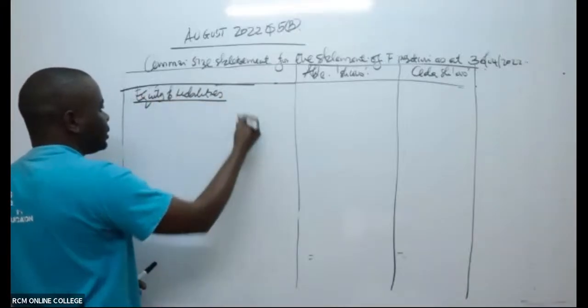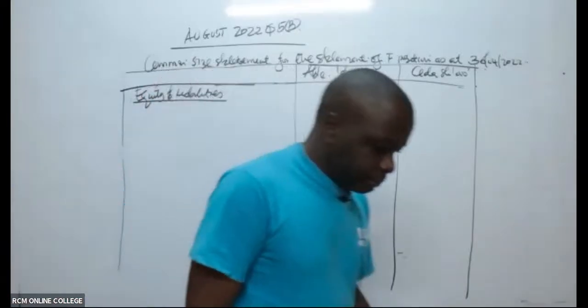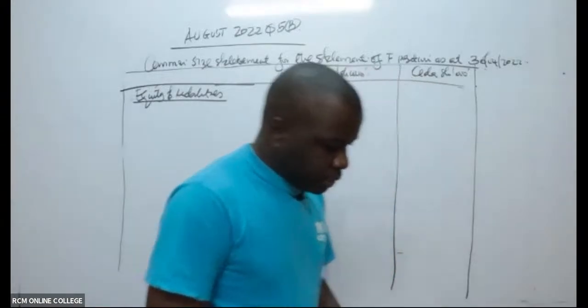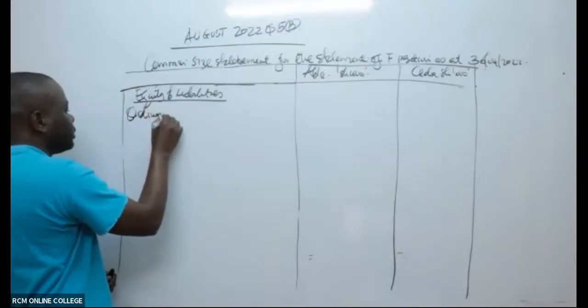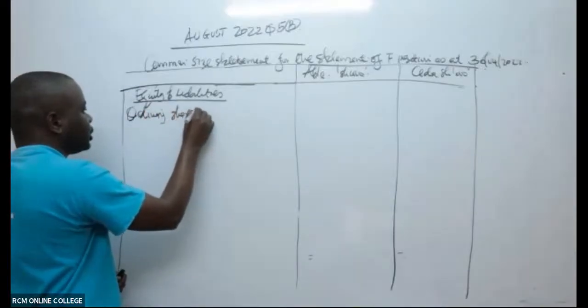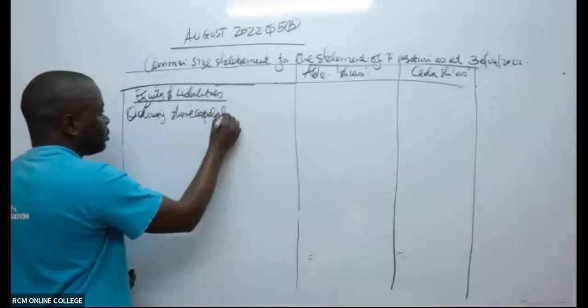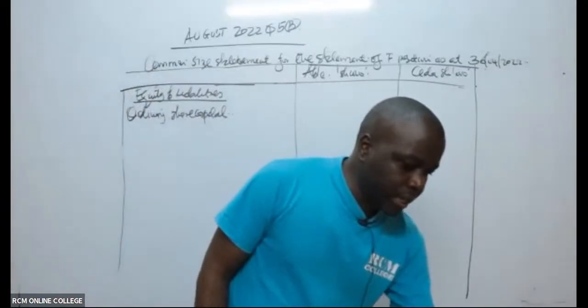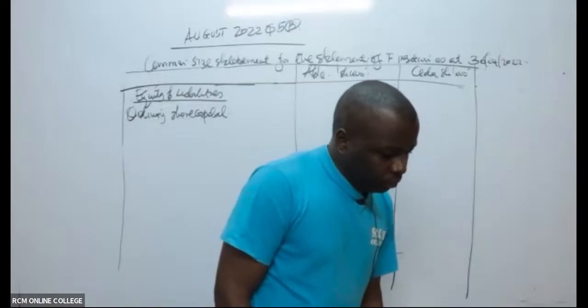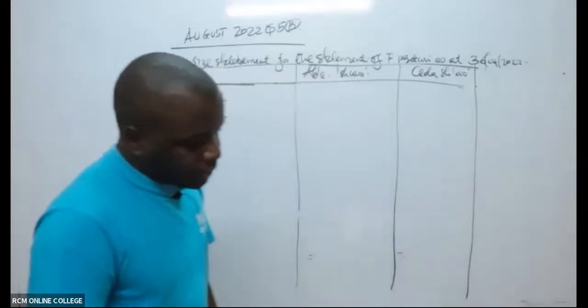Of course, the first item there is ordinary share capital. In this case, you're told the amount is 3.5.